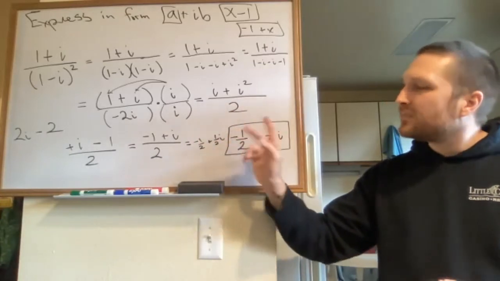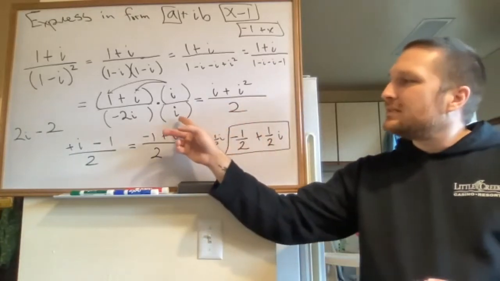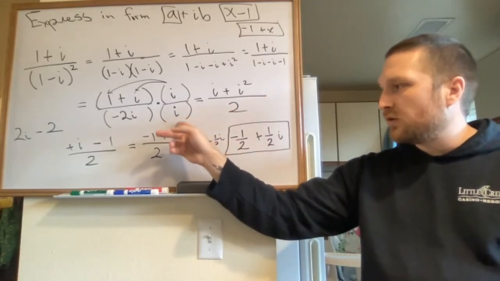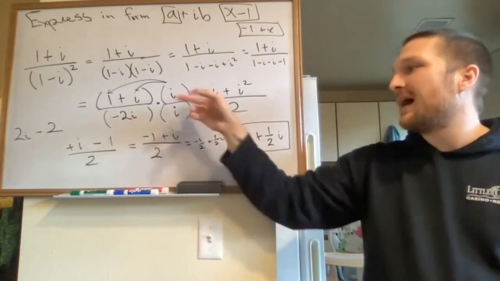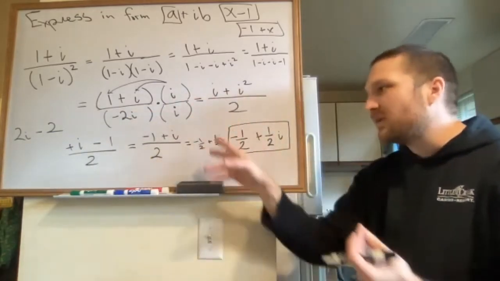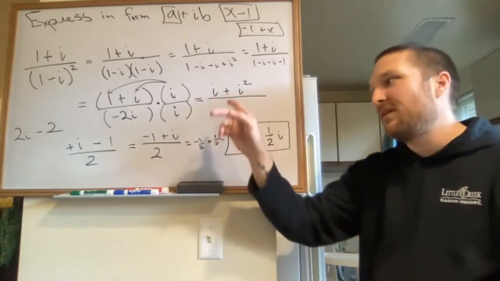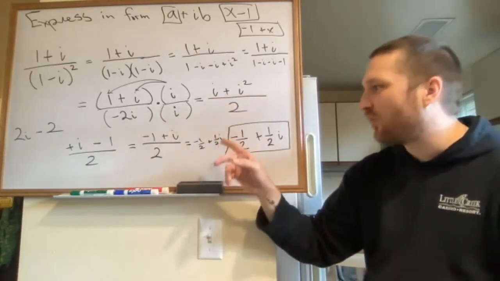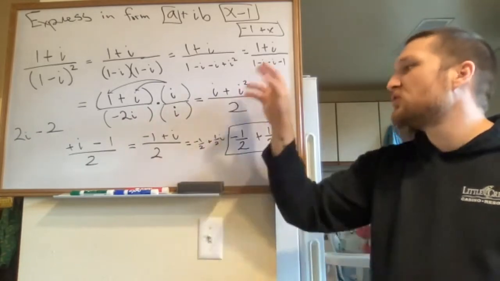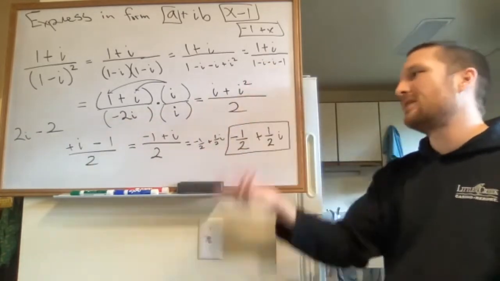It's just, we don't need to go overkill down here and do the full 2 times i, because then we're just going to have to factor out a 2, or when we divide, we ended up last time with negative 2/4 plus 2/4 i, and then had to reduce that.